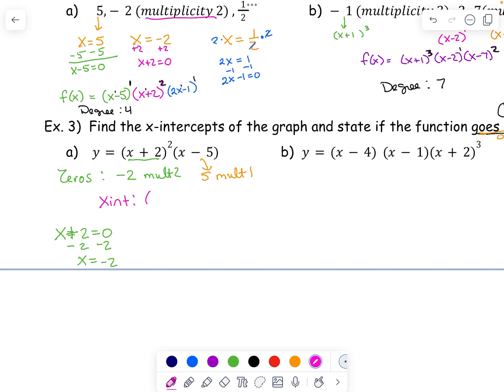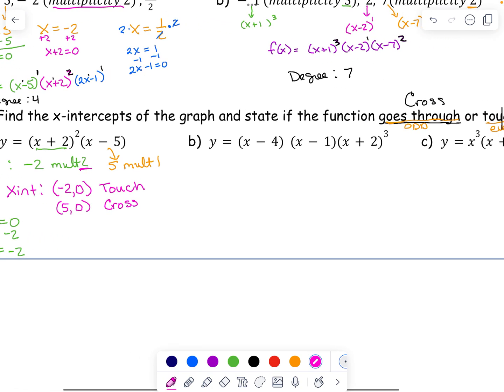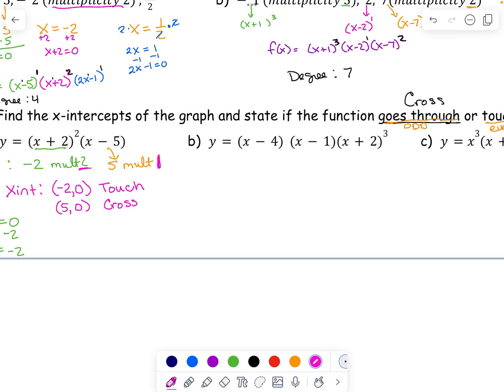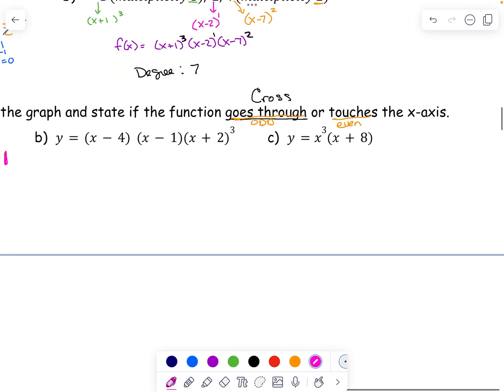So -2 will give me (-2, 0) as an x-intercept, and it has multiplicity 2, so this is even, so it's going to touch. Then 5 has multiplicity 1, so we would have the x-intercept (5, 0), and it would cross or go through because it's odd. Not because the 5's odd, because the multiplicity is odd, okay?